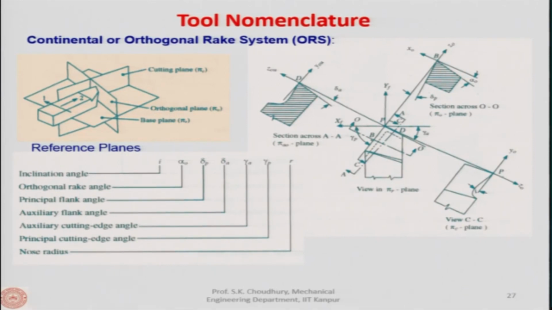In both of these systems, that is the ASA and the ORS, these angles which define the inclination of the rake face, inclination of the flank face, or the inclination of the cutting edges, they do not coincide with the angles when the tool is in the working condition or when the tool has to be reground.